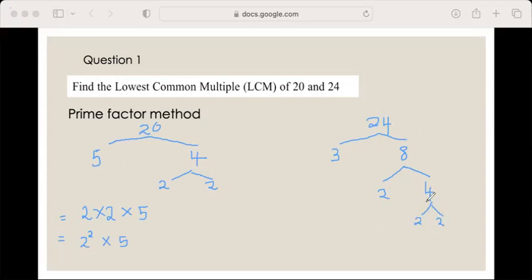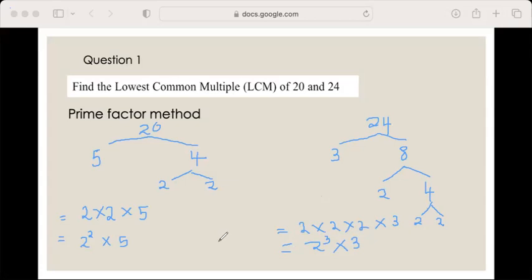As you can see, 2 times 2 is 4, 4 times 2 is 8, and 8 times 3 is 24. So the prime factors of 24 are 2 times 2 times 2 times 3. Or we can write it in a simpler form with indices, that is 2 to the power of 3, 2 times 2 times 2, and times 3. Now we have arrived at the prime factors.